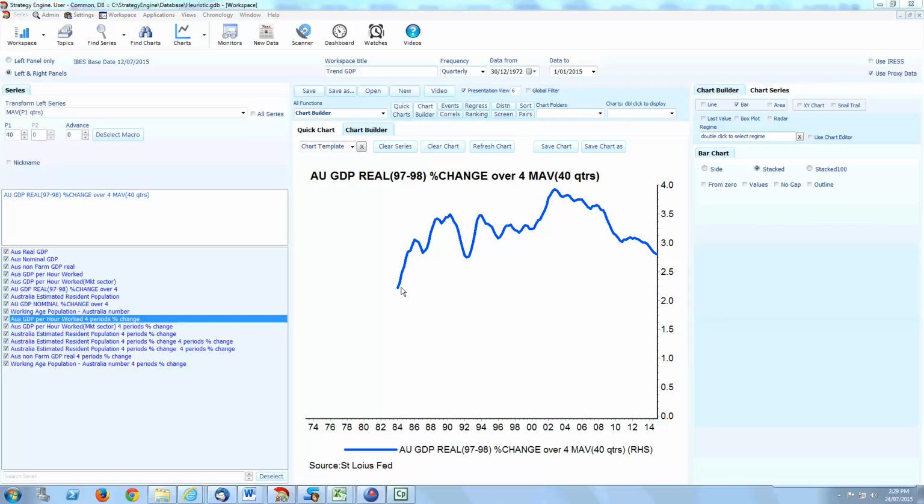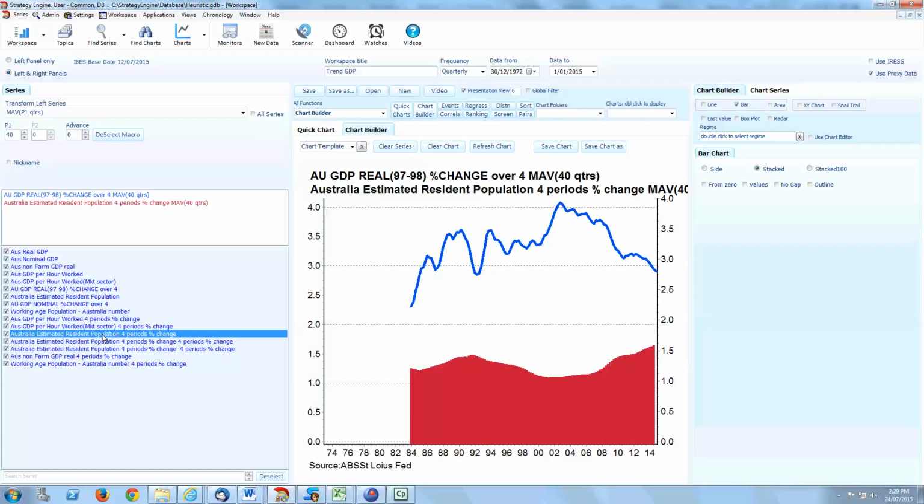So what makes up this trend rate of growth, or potential growth rates? Well, two of the key drivers, of course, will be population growth, or probably more specifically working age population growth, but we're using population growth here. So we're looking at the same metric of annual growth, rolling 10-year averages, and that's the red bars presented here.